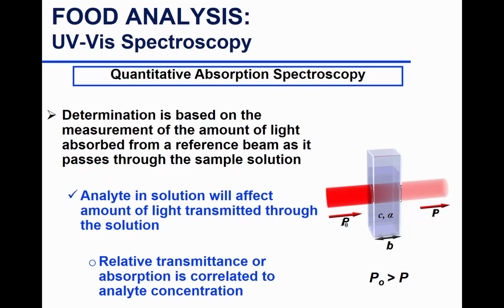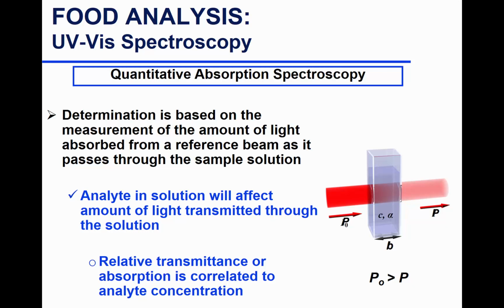So the analyte in solution will affect how much light is transmitted, because some of the light is going to be absorbed. So the more absorption, the less transmitted light there is. Relative transmittance or absorption can be correlated to the concentration.